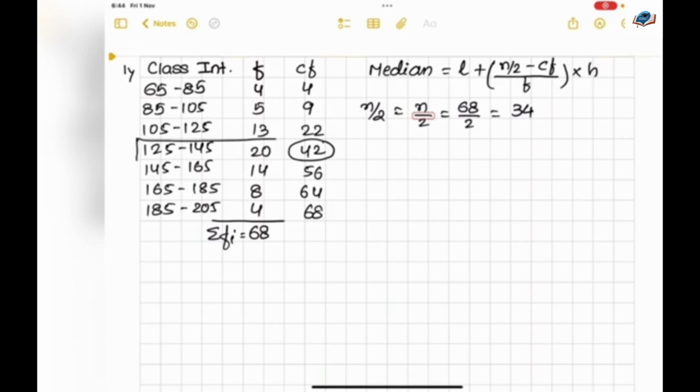That is 42 observations. So now, here f will be 20. The frequency which is against the CF, CF is 42. Sorry, CF will be the one observation above the circled observation. So 22.